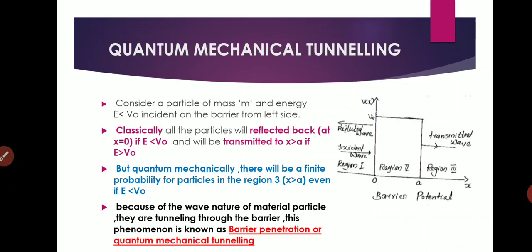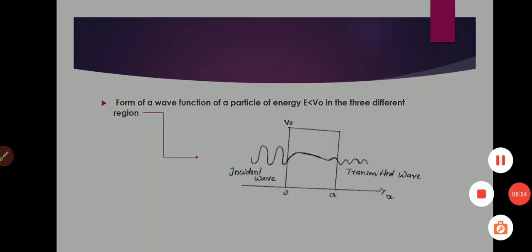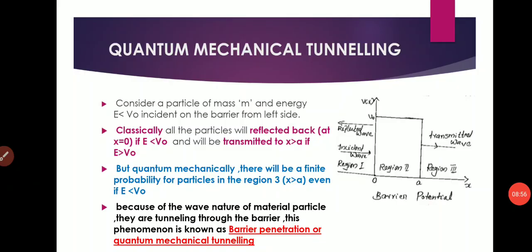Second application is quantum mechanical tunneling. According to classical mechanics, when a particle of kinetic energy E approaches a potential barrier V0, it bounces off without entering the other side.